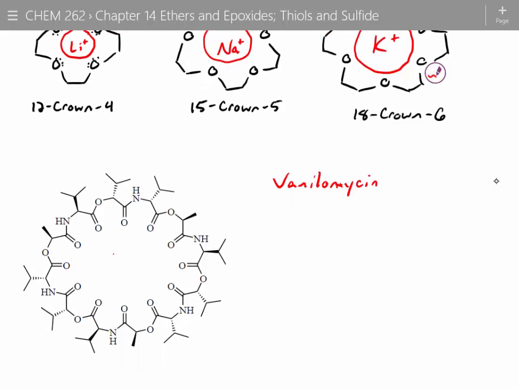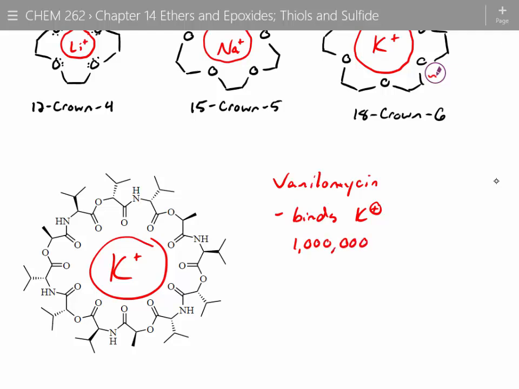And if we think about this, the potassium ion fits super, super snugly in there. So if we look at vanillomycin, which is an antibiotic, it binds potassium 1 million times more strongly than sodium.